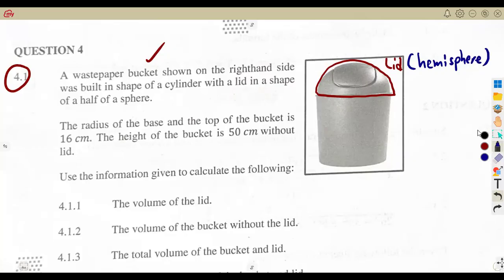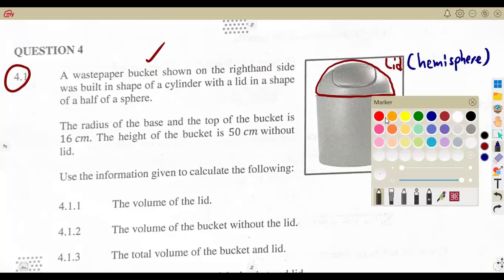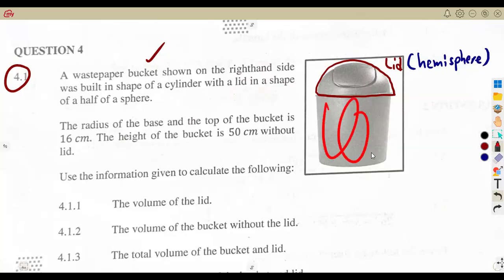Then the bottom part, which is the bucket that we have at the bottom there, is the cylinder. So that is the condition that we have there. It is made up of two shapes.